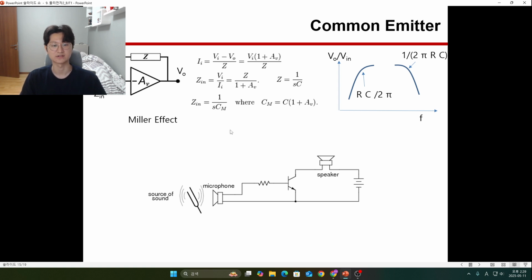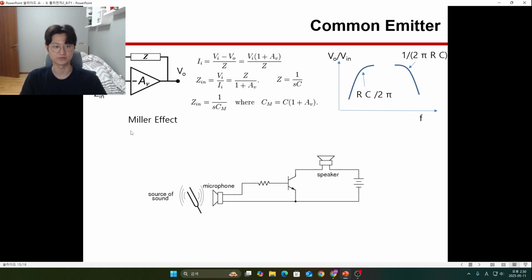Miller effect means if we input a voltage and we amplify this voltage, and the output is Vout, then the load capacitance will be amplified compared with the input impedance and input capacitance.